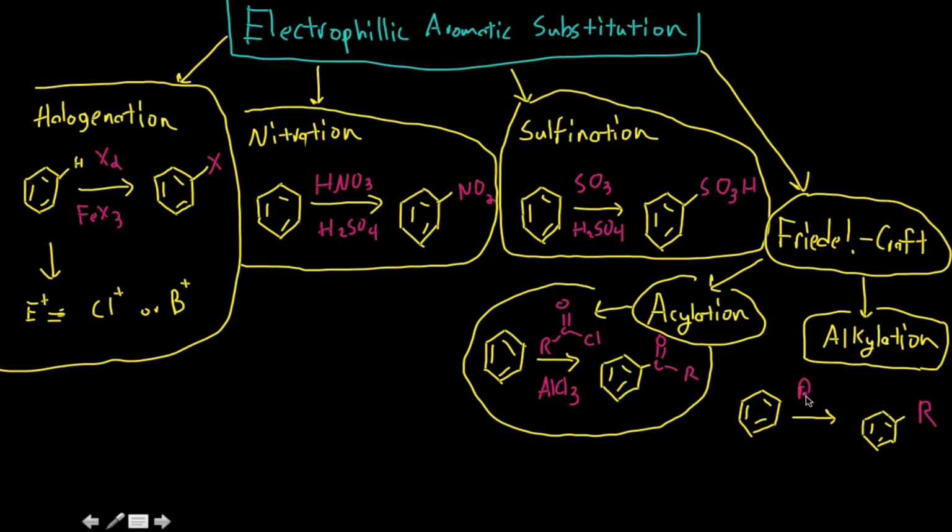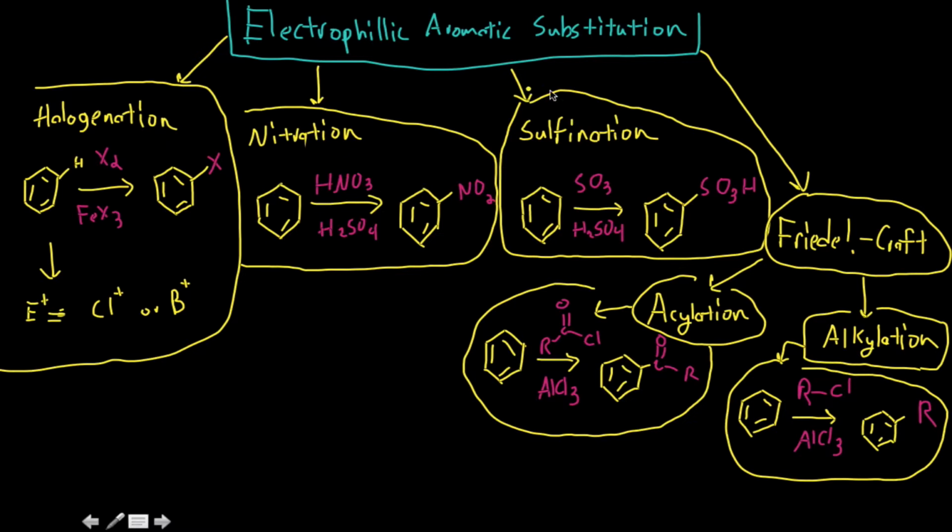So what you have here to get that is an R and then a chlorine. I don't know if it can work with bromine. I would imagine it would. And then aluminum trichloride. And we'll talk in great detail about the mechanism and the specificities of this reaction here. So these are the reactions, the 5 reactions that you need to know.